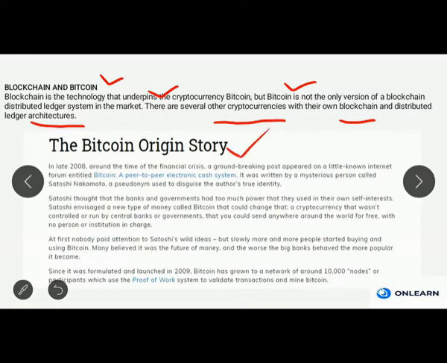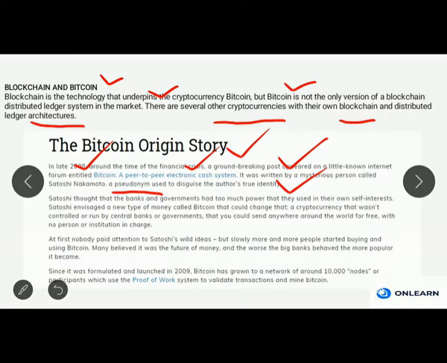What about the Bitcoin story? Let us look into the history of Bitcoin. In 2008, around the time of the financial crisis, there was a groundbreaking post titled Bitcoin, a peer-to-peer electronic cash system. It was written by an anonymous person, under a pseudonym called Satoshi Nakamoto.